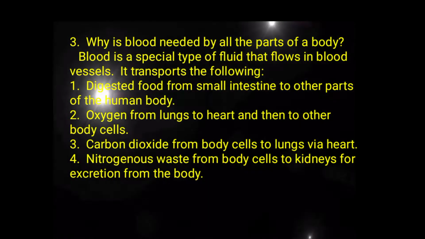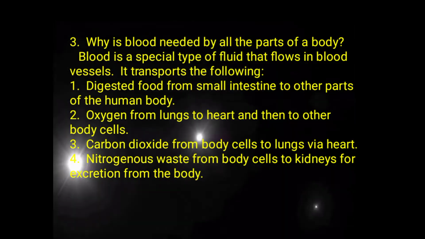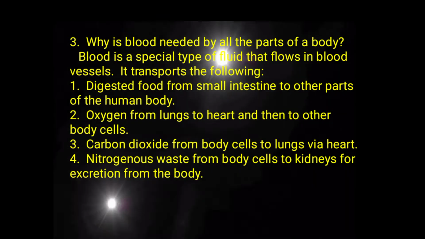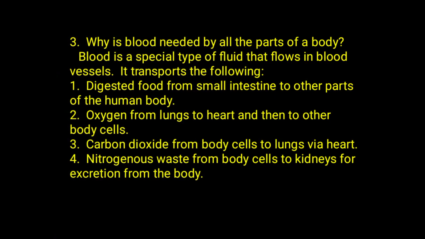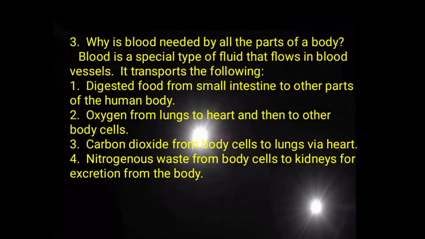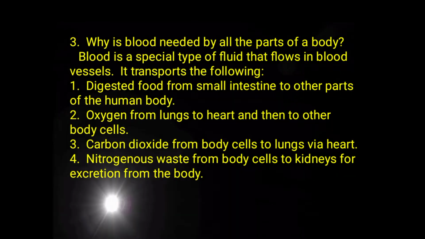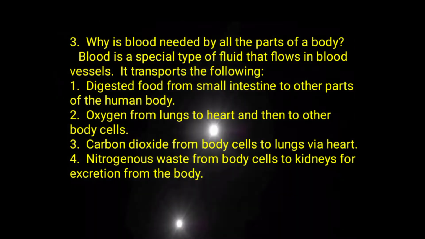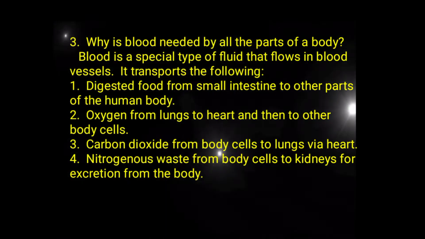So again, the blood vessel called vein carries the deoxygenated blood, that is carbon dioxide rich blood, from body cells to the lungs via the heart. From the cell it reaches the heart, and from the heart it reaches the lungs, and we just exhale the carbon dioxide from our body, right?